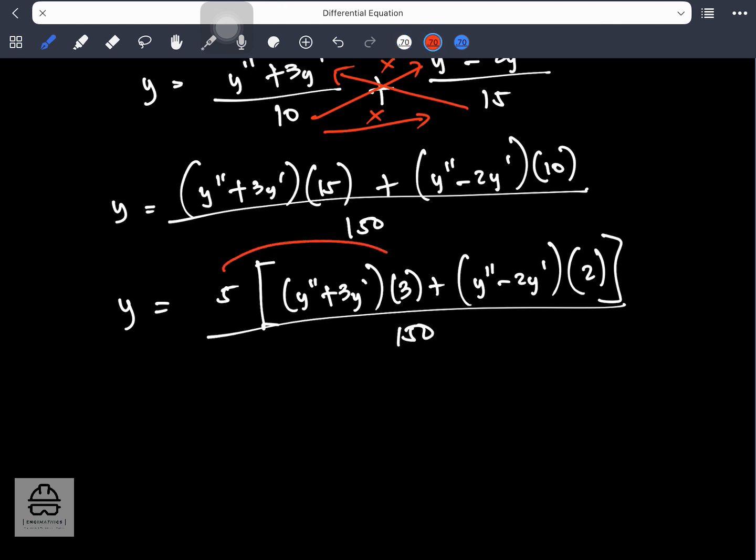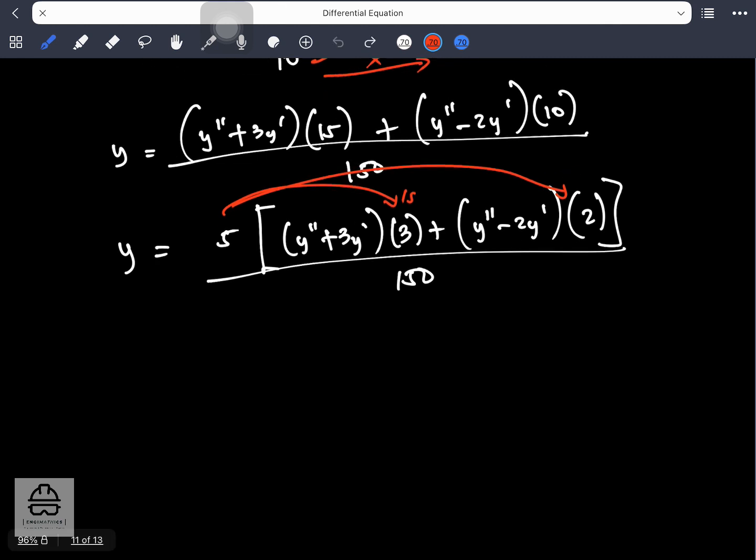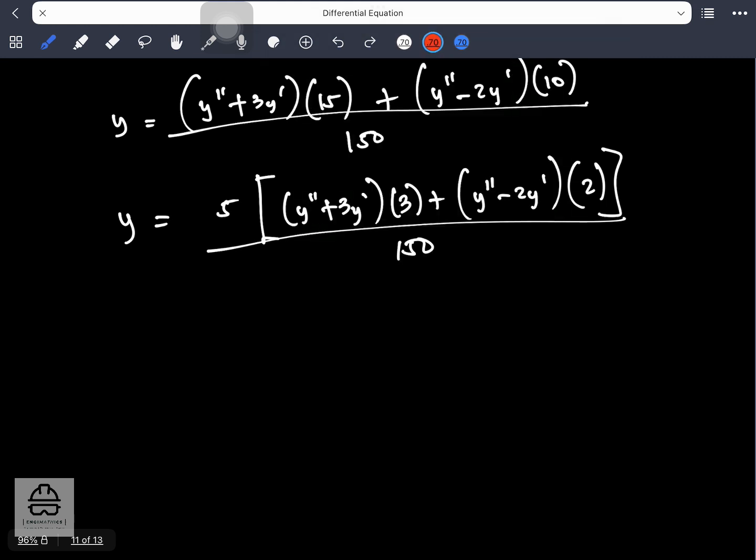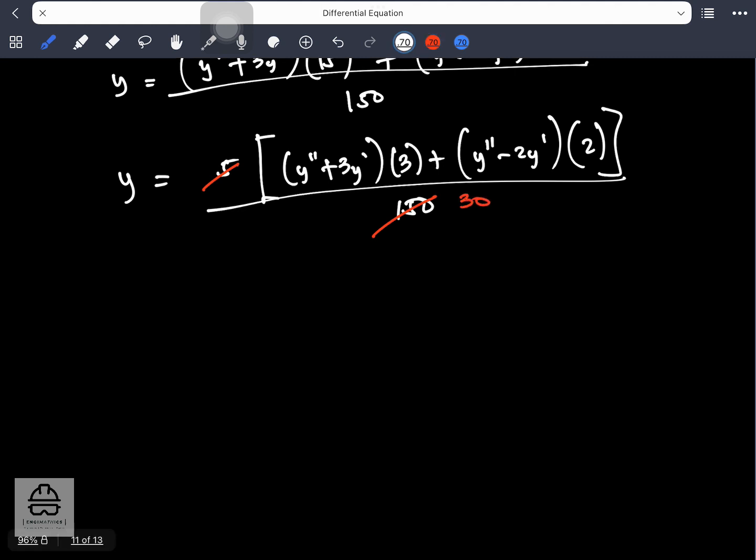Because if we multiply this inside, this will become 15 and this will become 10. Okay, let me erase that. Next, we will be dividing 150 by 5, that would be 30. The new denominator is 30.